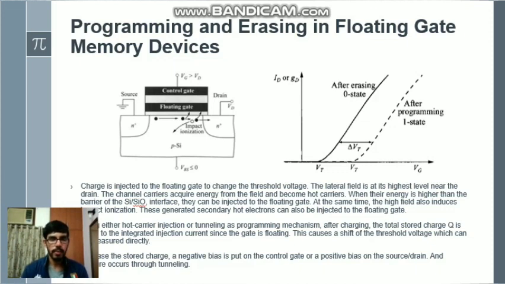When VO is greater than VT1, current flows in the MOSFET because the threshold voltage is lesser than the voltage we're operating at. But when charge is stored in the floating gate, the threshold voltage increases, and VO is less than VT2. So no charge flows in the circuit, and hence the current is 0.